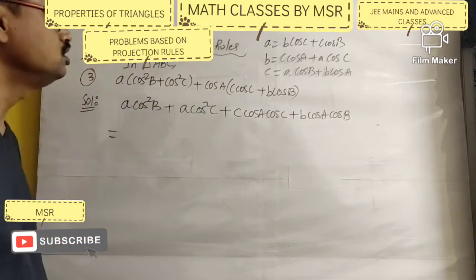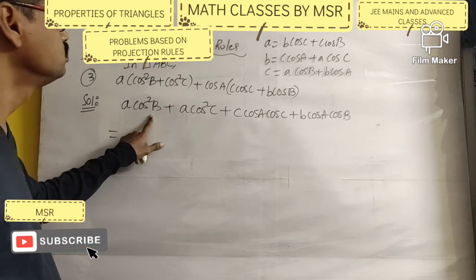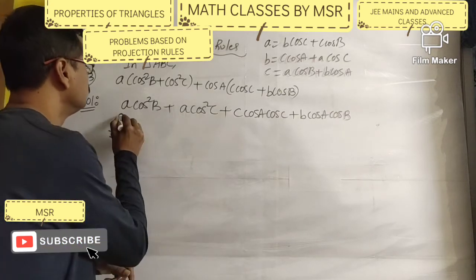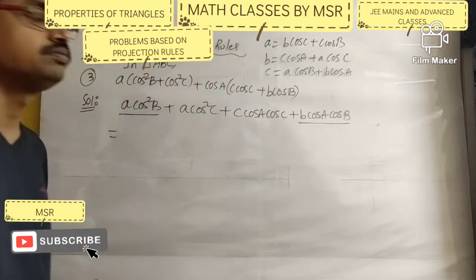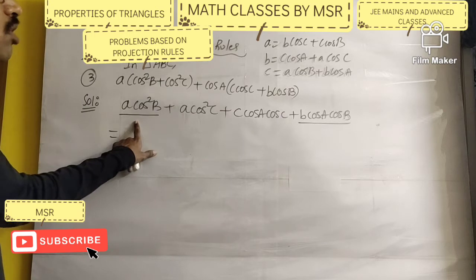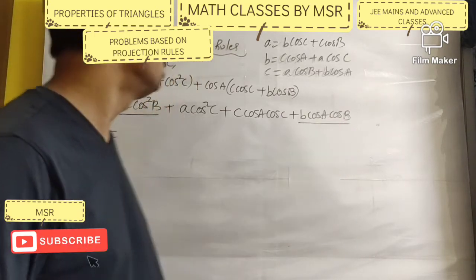Now observe here, A cos square B, this term and this term, I will take cos B common. Why am I taking cos B common?